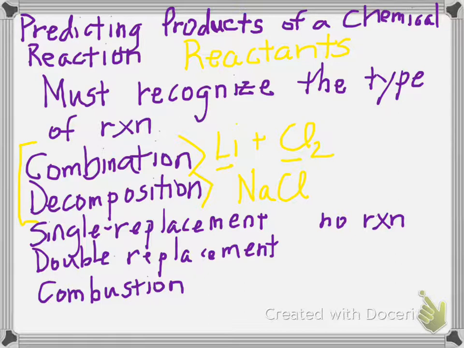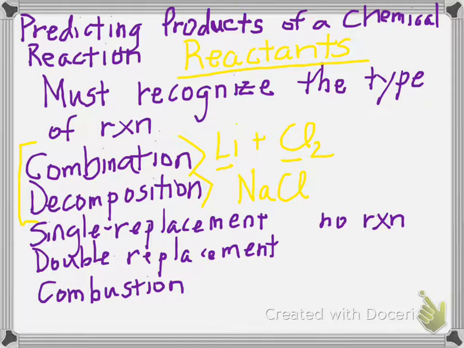So, to predict the products of a chemical reaction, you need to be able to recognize the type of reaction so that you can figure out what's going to happen in that reaction. And to do that, you have to be able to just look at your reactants and identify what kind of reaction. Again, I'm going to know it's a combination reaction because I'm going to have two reactants and they're elements. I'm going to know it's a decomposition reaction because I have one reactant and it's a compound.